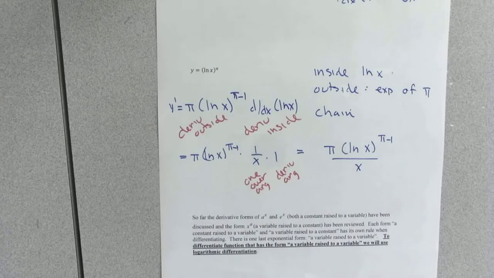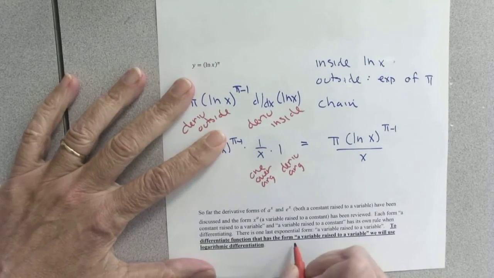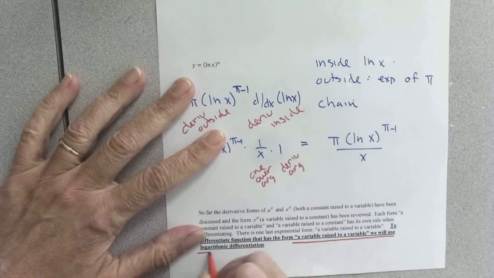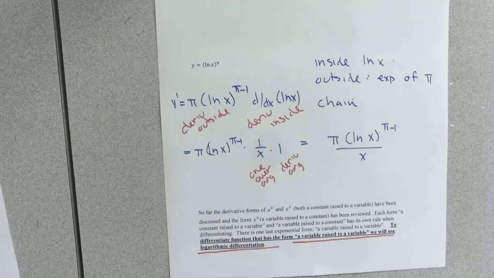There is one last form, a variable raised to a variable. To differentiate a function that has a form of a variable raised to a variable, we will use logarithmic differentiation. Now there is another way to do it, but in my humble little opinion, logarithmic differentiation is the easiest way to do it, so that is what we will do.